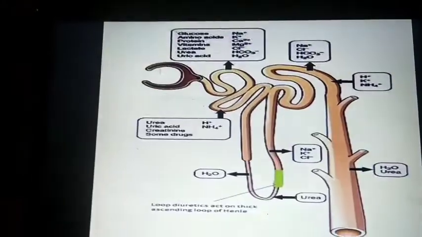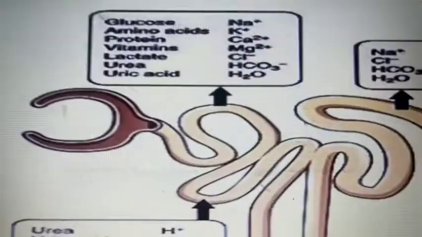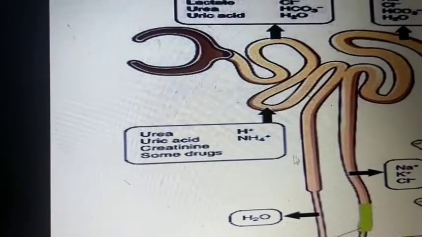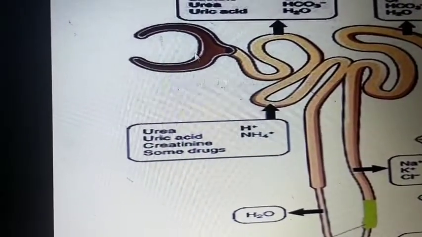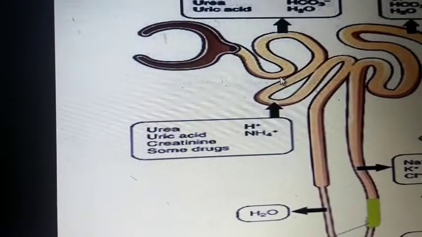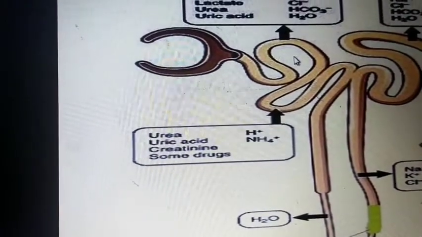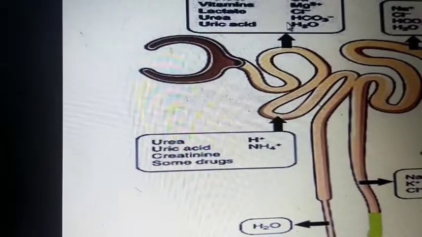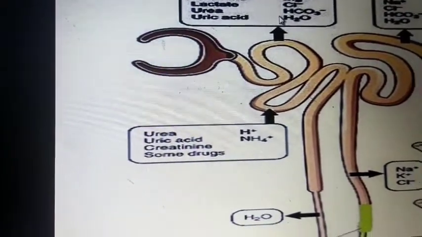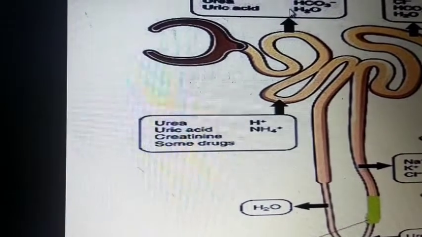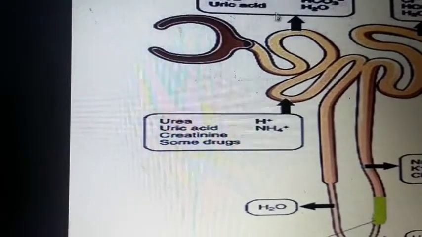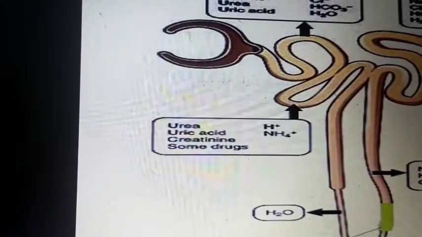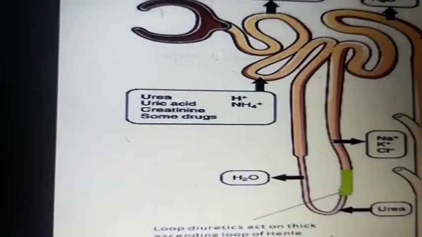In the Bowman's capsule or glomerulus, filtration occurs, and in the proximal convoluted tubule, most reabsorption occurs: sodium, potassium, calcium, magnesium, chloride, bicarbonate and water, and urea, lactate, vitamins, proteins, amino acids. Everything is reabsorbed.